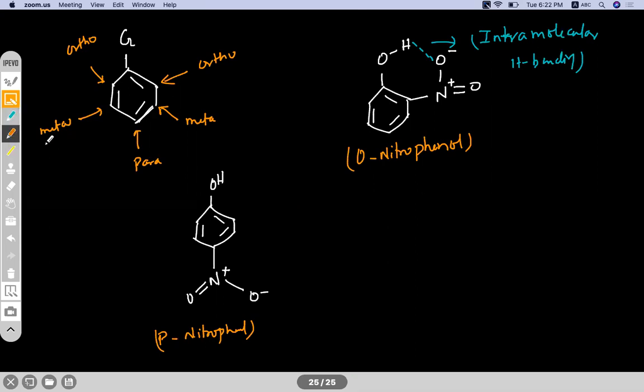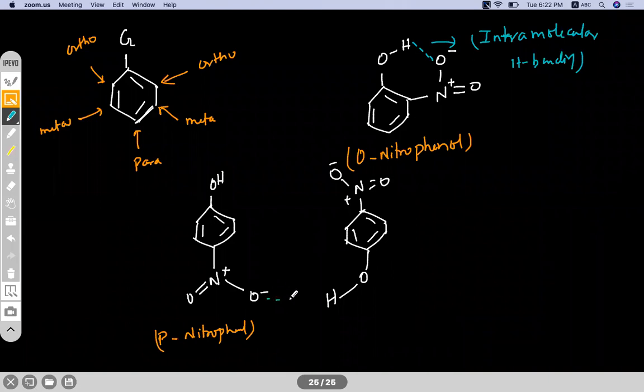Look at this. Because this cannot make a bond with hydrogen because the distance is more over here. But if you have another similar molecule, paranitrophenol, if I place like this O and H, and we have NO2 here, N positive, double bond O, and these two attract each other because of the charge separation, delta positive and delta negative.